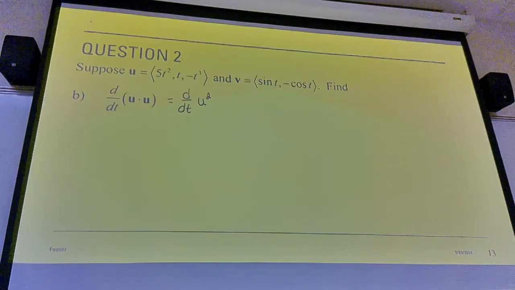You can't just differentiate that as 2u... well, you can, but then we can't define u and d and t and all that stuff together, which is not the worst thing in the world. But it might be better just to find u squared first, because it's easy.